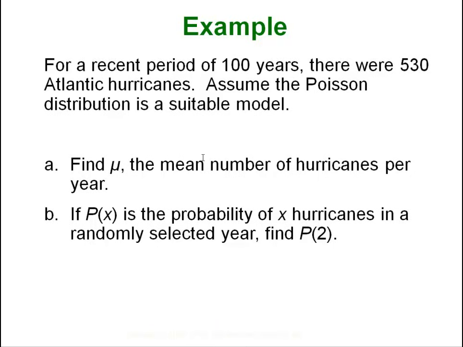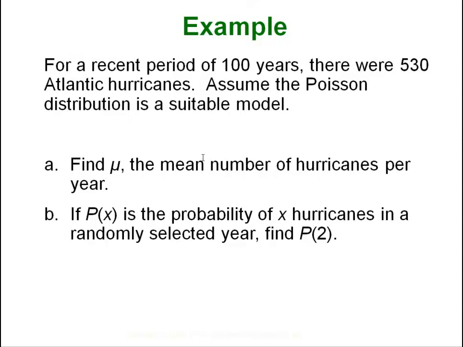Here's a good example. If we're looking over a period of 100 years, there were 530 Atlantic hurricanes. We want to assume that the Poisson distribution is a suitable model. That assumption means that hurricanes are evenly distributed over those 100 years, right? There shouldn't be a higher probability of seeing hurricanes in one year to the next.